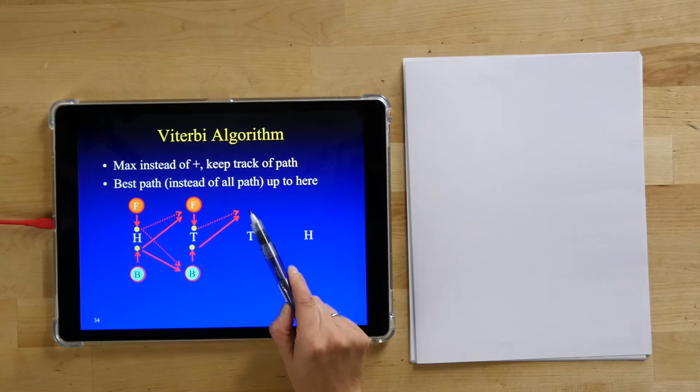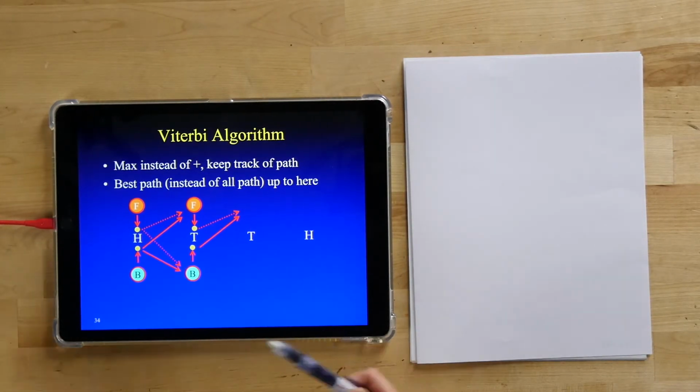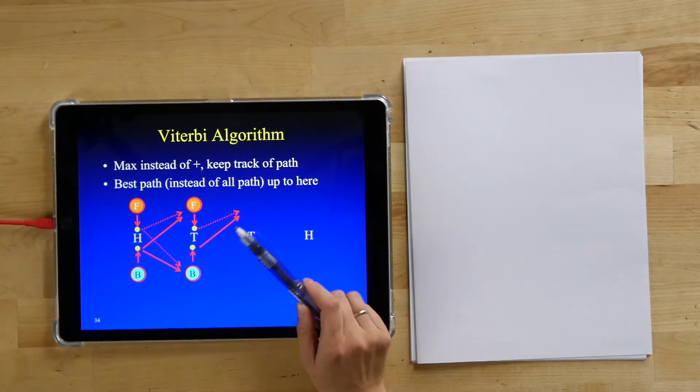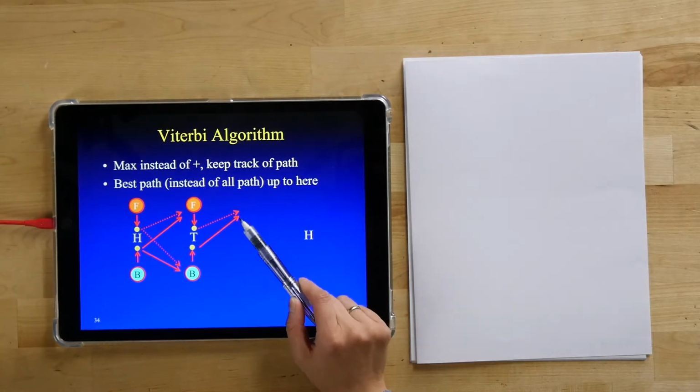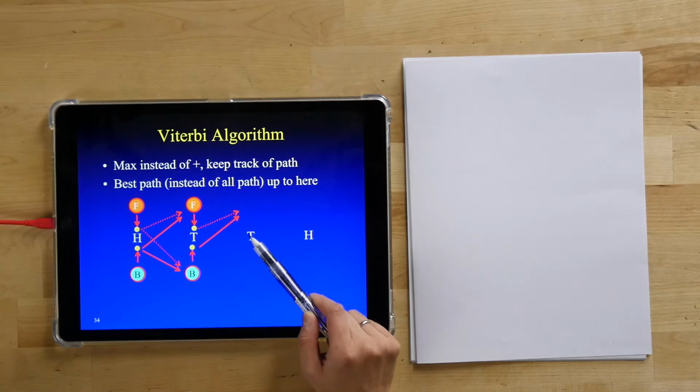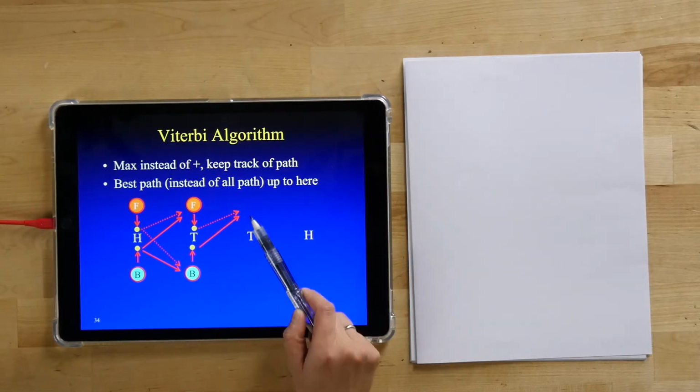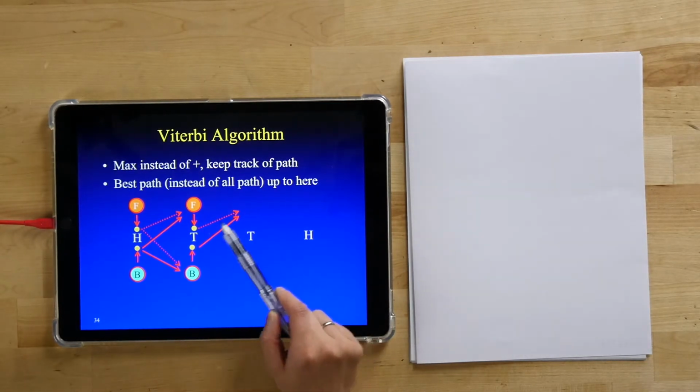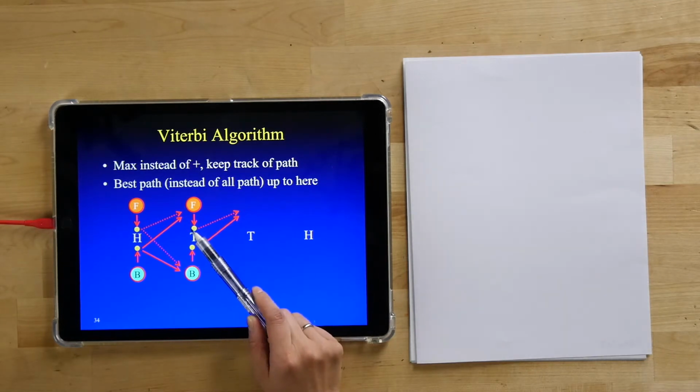So looking at the third, we're asking what is the path that will most likely give us the best chance to use a fair coin now in order to give a tail. You say, okay, well, if I'm using a fair now, what are the possibilities?